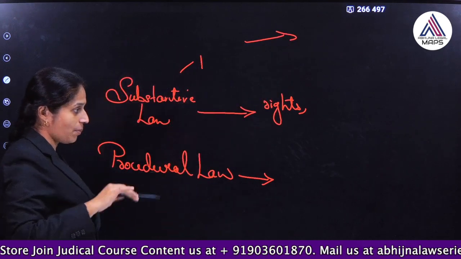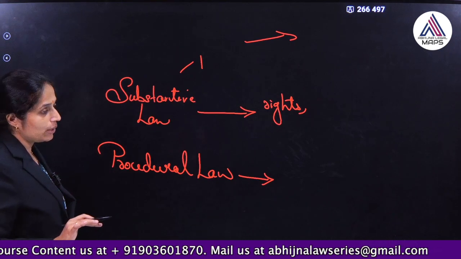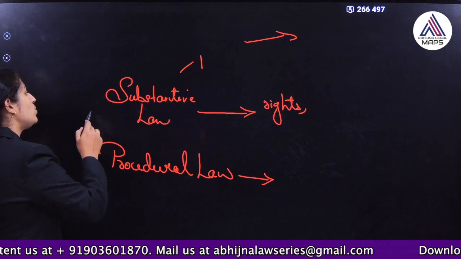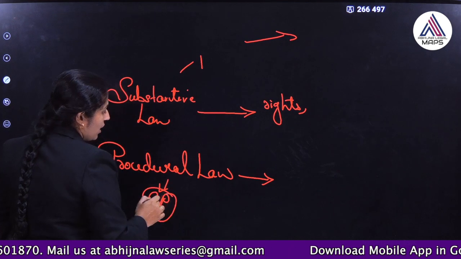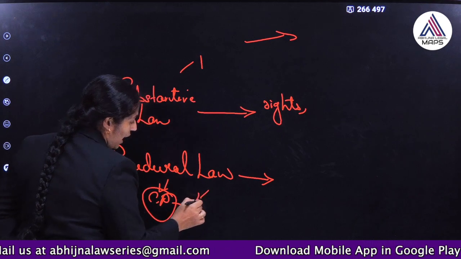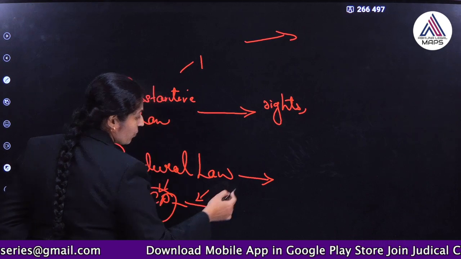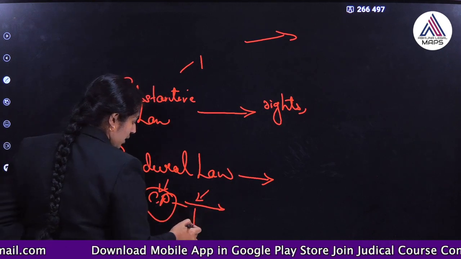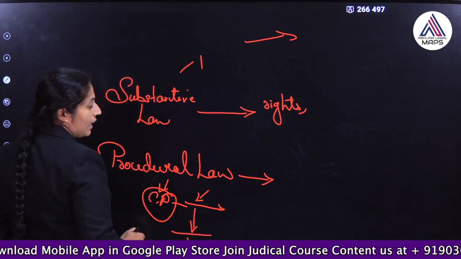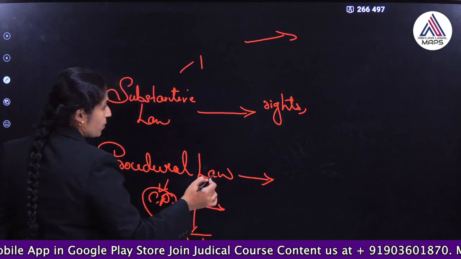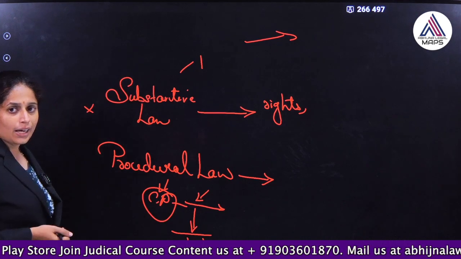But procedural law is something which is very complementary to substantive law. Without procedural law, substantive law has no effect. See, best example is criminal procedure. Criminal procedure says how an offender can be caught, how that offence can be investigated, how he can be put to trial, how the offence has to be decided, and how the punishment has to be given. So, regarding all these things we will be understanding here, right.